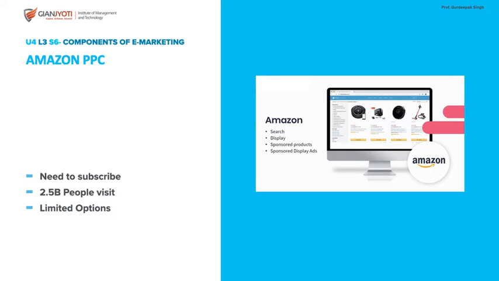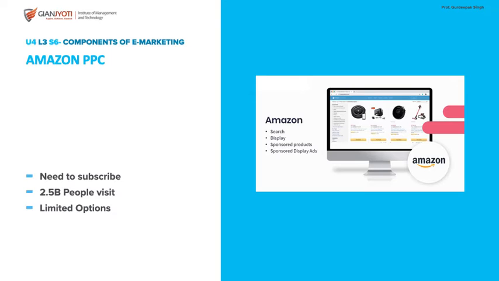Similarly, Amazon PPC is also available. But for this you need to subscribe, and generally there are around 2.5 billion people who visit the Amazon website and their portals daily. Again, their PPC ads can come on the search when people are searching. Similarly, on the display, you can display your ad.